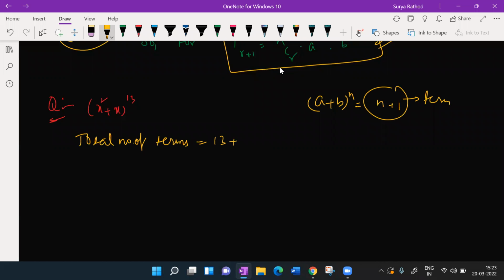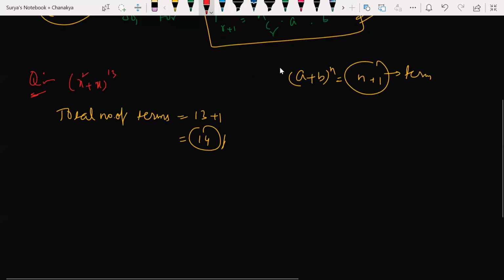So the total number of terms is 13 plus 1, which gives me 14. Very simple. Why are you thinking this much to give the answer to this simple question?